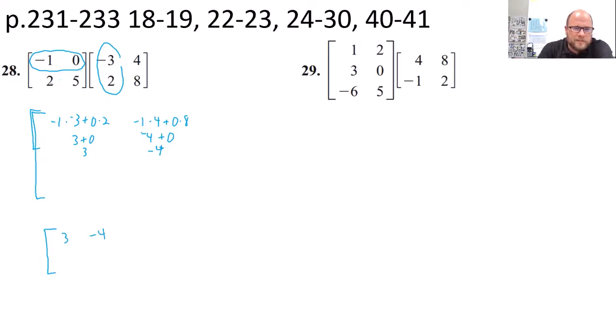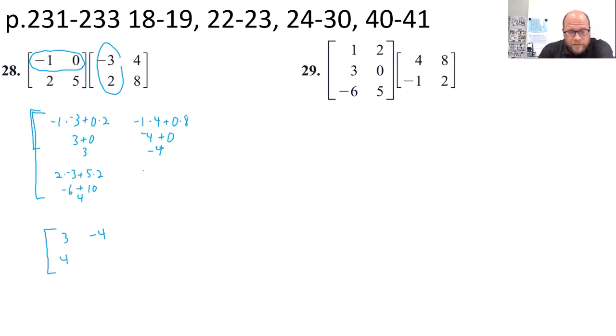In the next position, 2 times -3 plus 5 times 2. 2 times -3 is -6. 5 times 2 is 10. Together, that's +4.